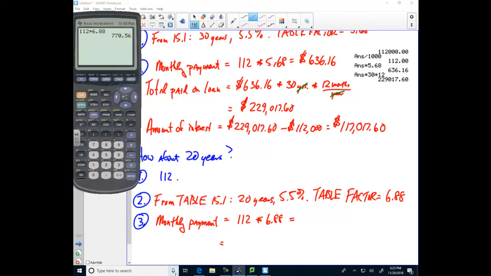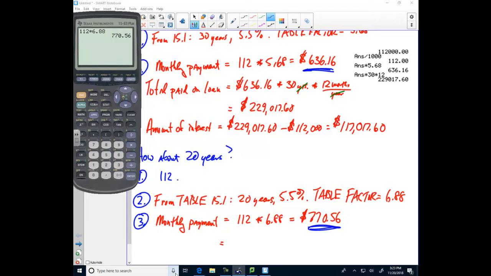That's more like it. $770.56. So compare this. How much difference is there in the monthly payment between a 30-year loan and a 20-year loan? That's 30. That's 20. What, $130 a month? $134.